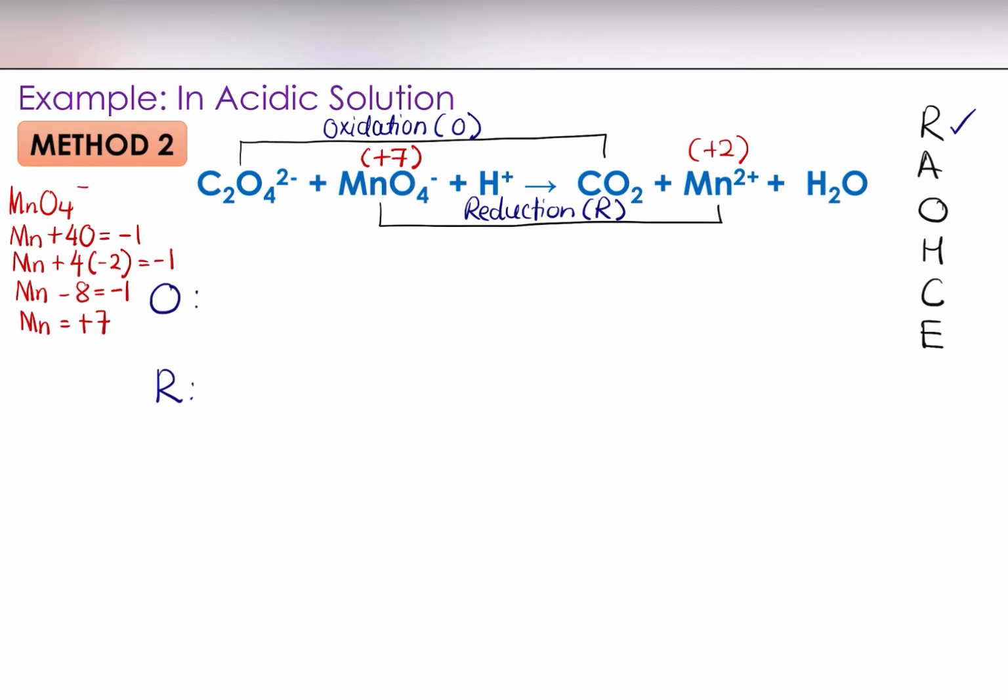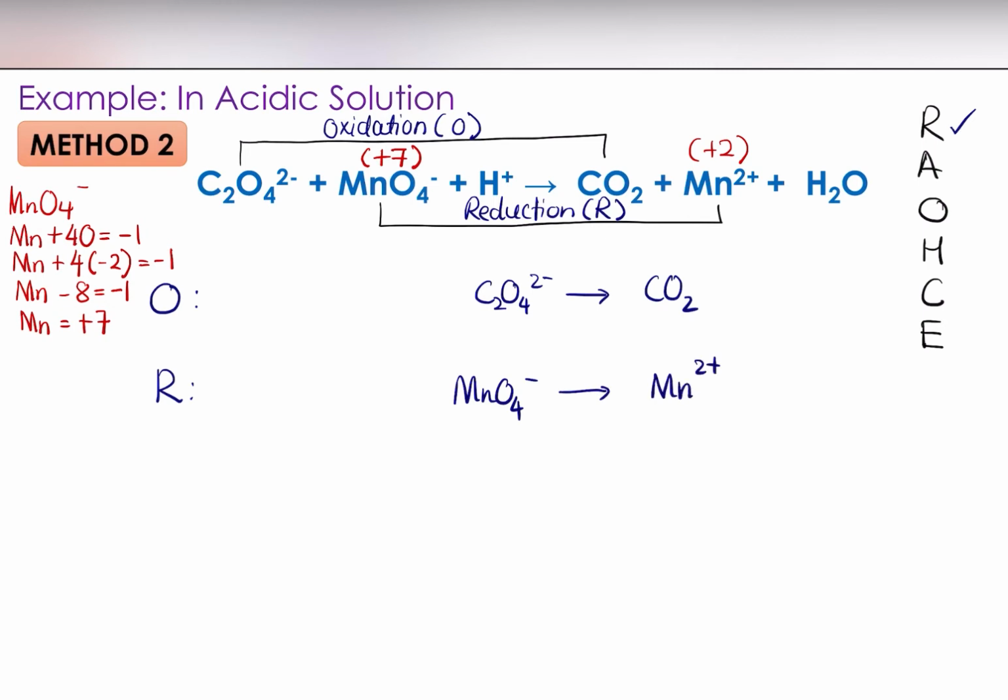So, saya ada oxidation iaitu C2O4 2 minus produce CO2. Okay. Next one, I got my reduction where this one, MnO4 minus produce Mn2 plus.